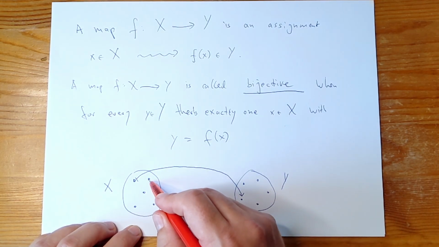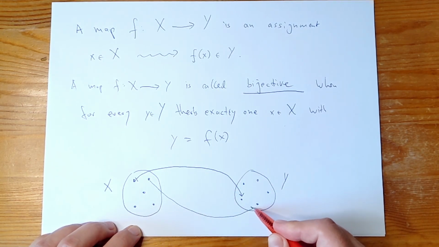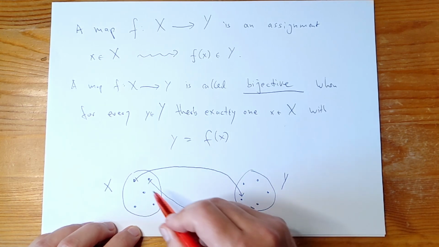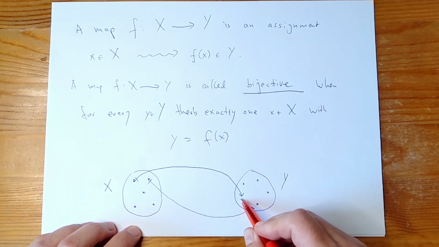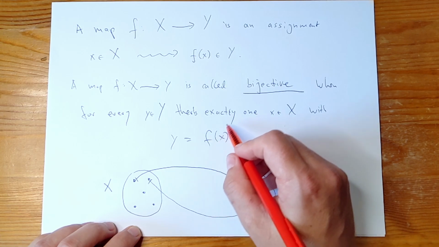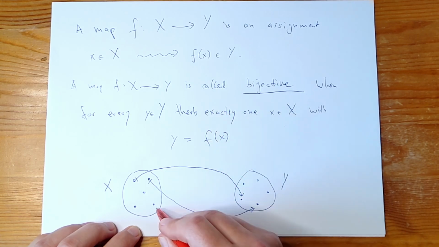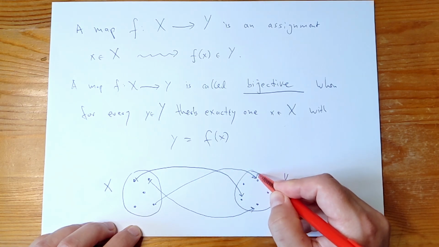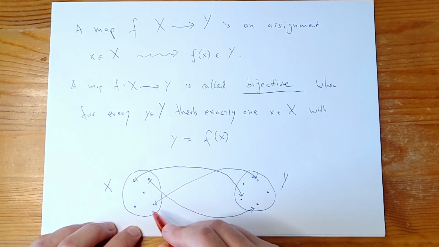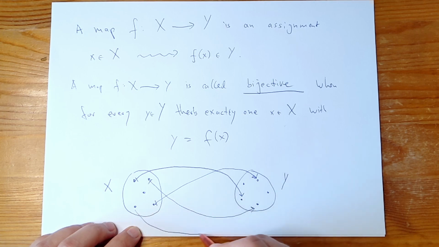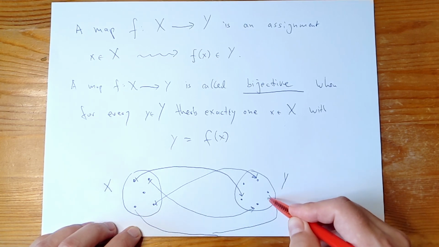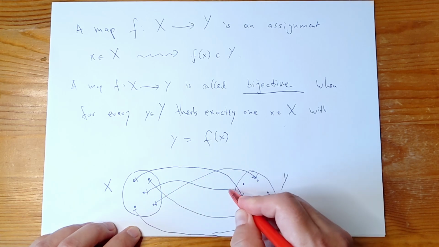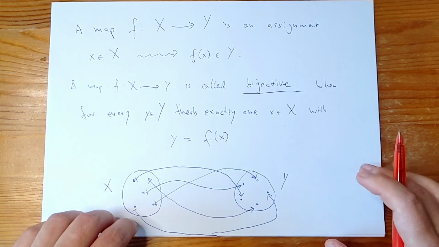Let's say this one goes to this one. And notice that I am not allowed to draw this arrow also here, because then we have not the uniqueness. And then let's say this goes here. And then we have only 2 left. So let's say this one goes here. And then the remaining one has to go here, right?